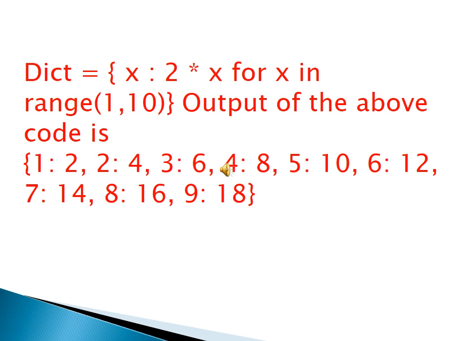Then only we will get the value. x colon 2 into x, this is the expression, for i in range 1 comma 10. 1 refers to the initial value and 10 refers to the nth value. So 10 minus 1, till the value 9 will be taken.